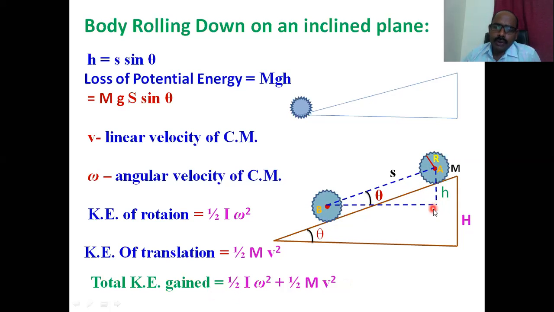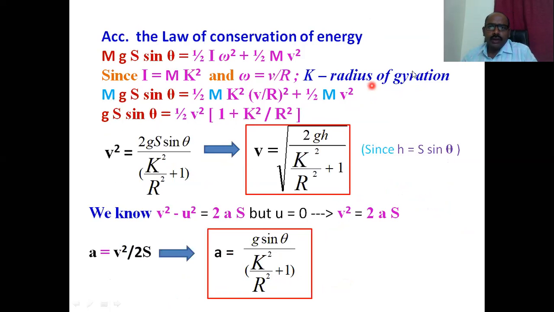The decreased potential energy is converted into the gained kinetic energy. So from the law of conservation of energy, the decrease in potential energy is equal to the increase in kinetic energy.